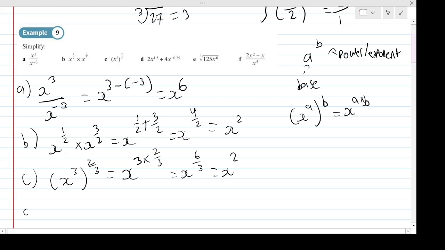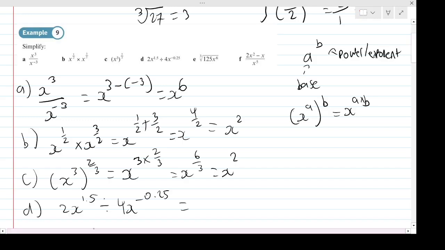Okay. Then part D, we have 2x to the 1.5. Remember, that's still a fraction, but it has a decimal form, divided by 4x to the minus 0.25. Okay, so I think the first step, before we do anything, is probably best to write it as a fraction, right?